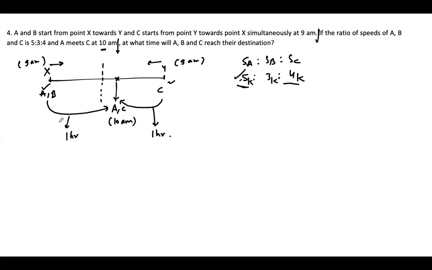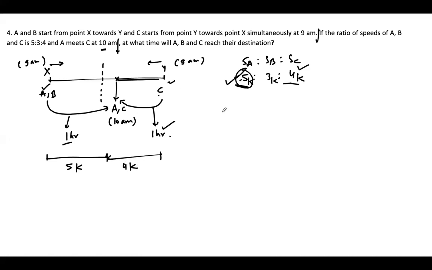speed of C is 4K. Once you know the speed and the time, what is the distance traveled by A? It's 5K into 1 hour, speed into time, which is 5K. Similarly, what is the distance traveled by C? 4K into 1 hour, so 4K.